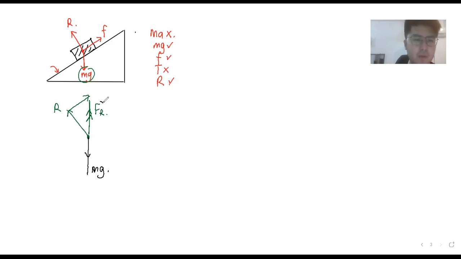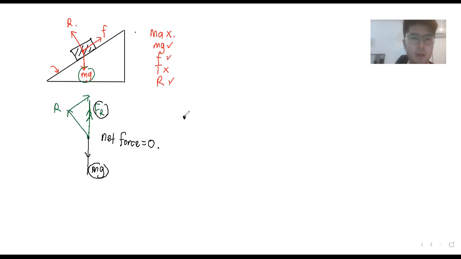So this resultant force upward is balanced by mg downward. The net force in this case is 0. Can we say this is equilibrium? Yes, this is equilibrium.